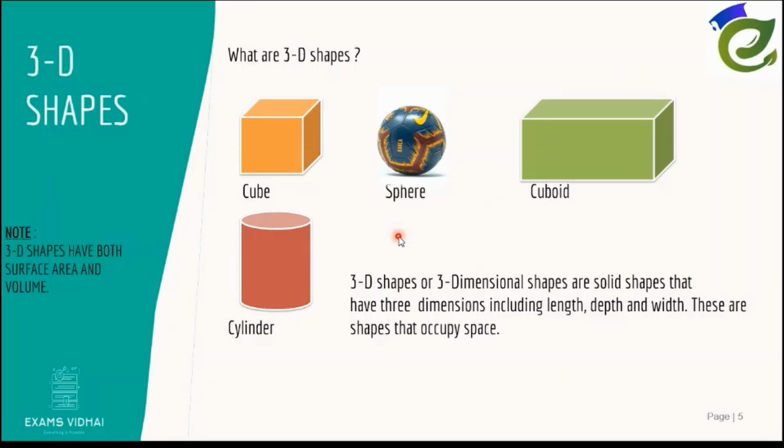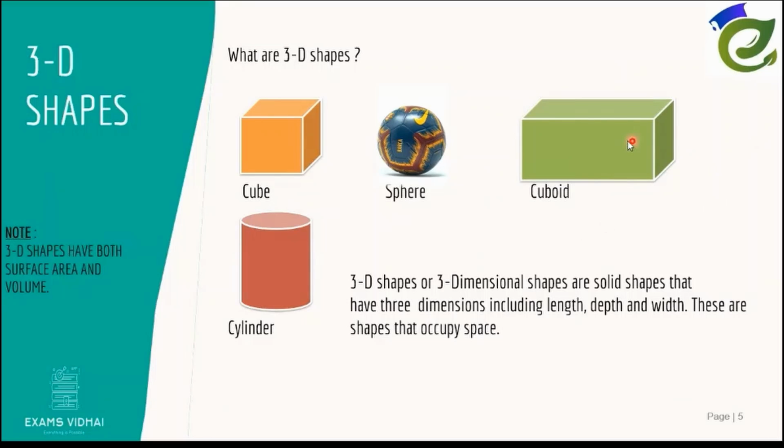3D shapes or 3-dimensional shapes are basically solid shapes. They have 3 dimensions: length, breadth, and height. Here, height is nothing but the depth, and breadth is nothing but the width. They just occupy some space as matter.